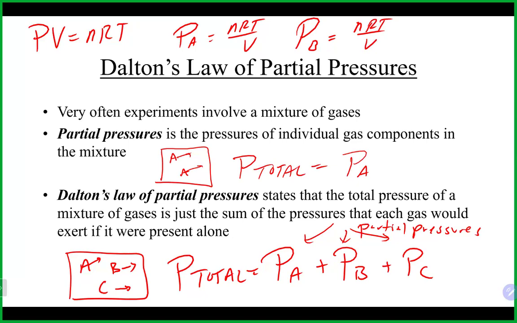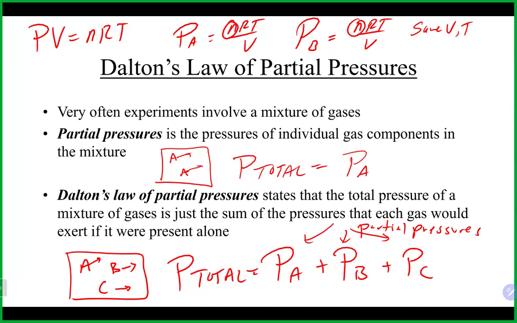Now, one of the nice things about this idea is because all those gas molecules are in the same container, they pretty much will all have the same volume. And because that container is sitting in the same room on the same shelf, they will all have the same temperature as well, which means when you're doing the pressure calculation for each of these gases, the only thing that's probably going to vary between the gases is the moles of each of those gases that are present.